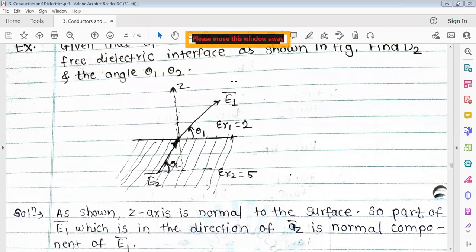So here first you have to understand what the boundary conditions are. And then if they are asking you any example, you have to first understand what the given data is, and from that you can use the formula.